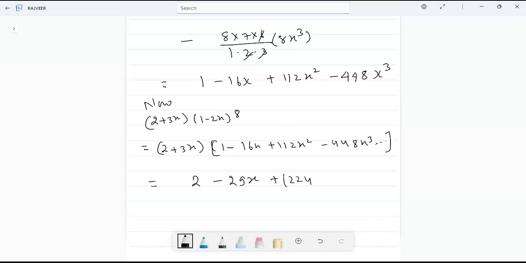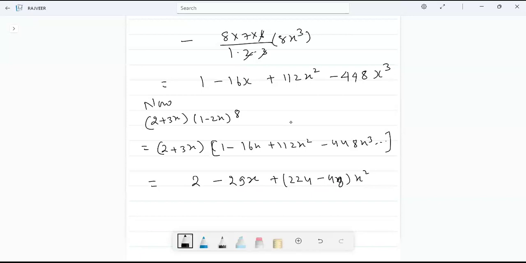And if you multiply 3x into negative 16x, that is minus 48x square. Perhaps you are not able to understand it. Tell me whether you are able to understand this expansion or not.